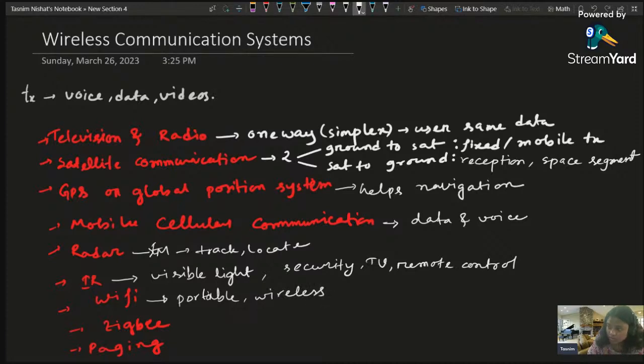Zigbee, low data rate, low power consumption.